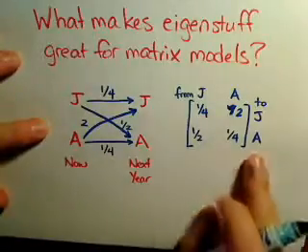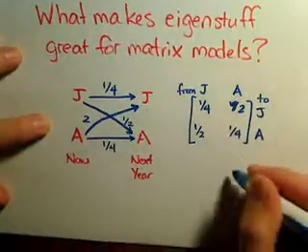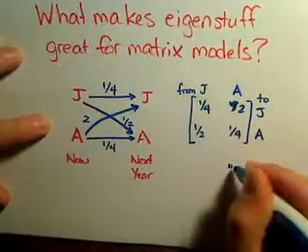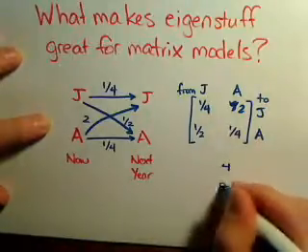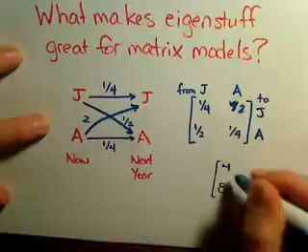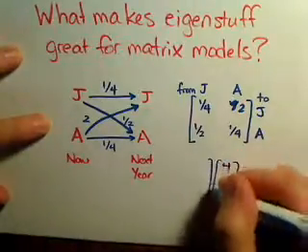And then the way we use this is that say we have in one year 4 juveniles and 8 adults, which is absurdly small, so maybe it's 4,000 juveniles, 8,000 adults.